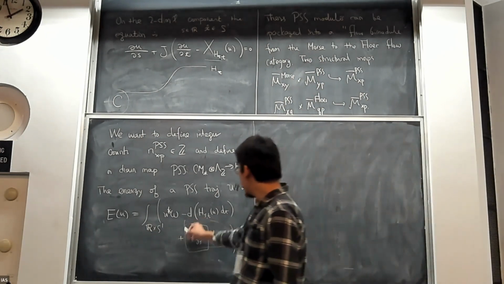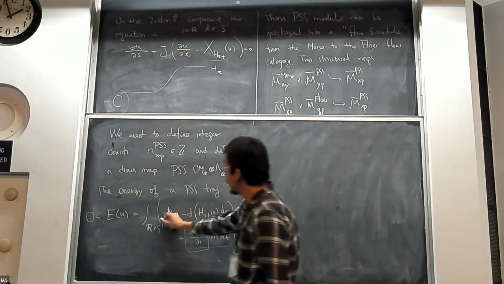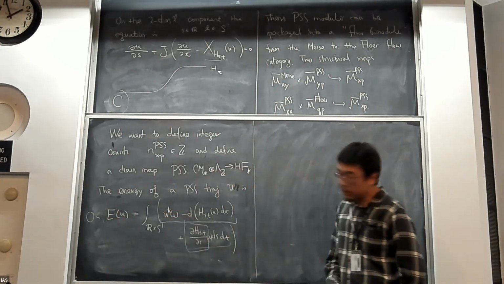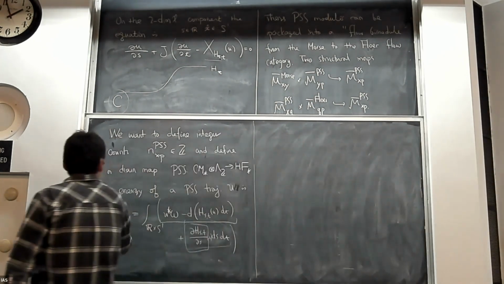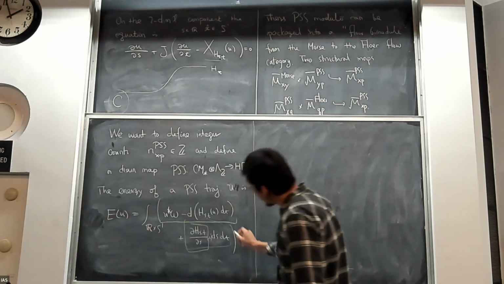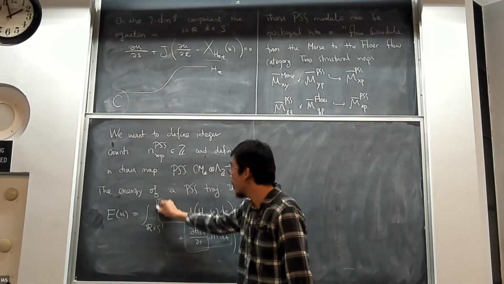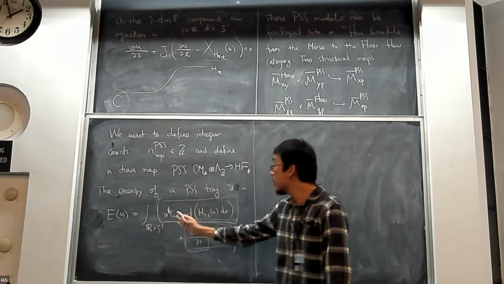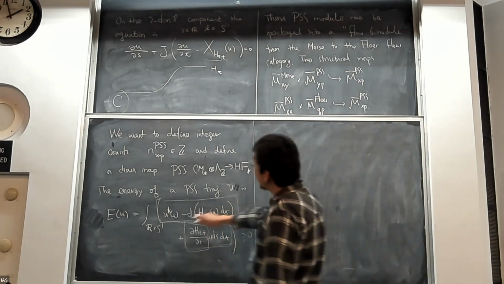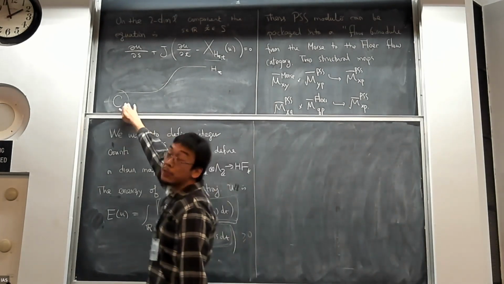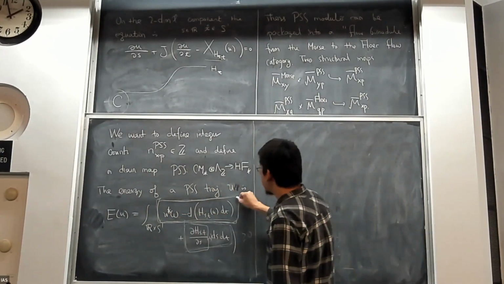If this term has a definite sign, the whole two-form, which is the energy density, is non-negative, and the integration of this two-form is topological. It is also an integer if you choose C to be an integer. So we just use this form whose integration is an integer over the domain.